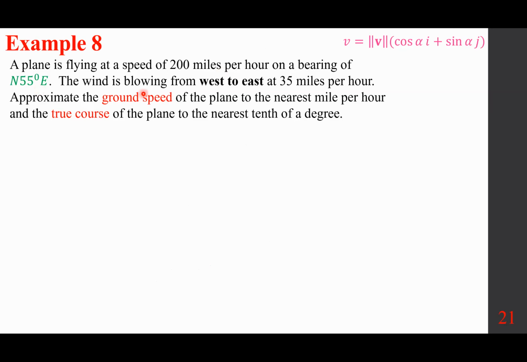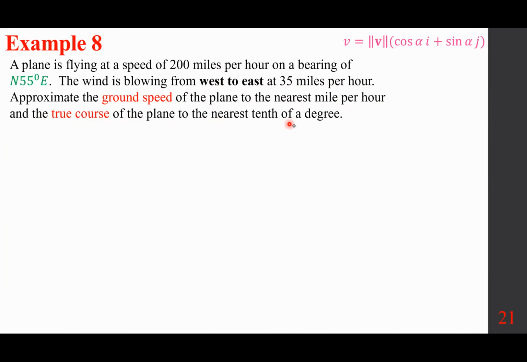The wind is blowing from west to east at 35 miles per hour. Approximate the ground speed of the plane to the nearest mile per hour and the true course of the plane to the nearest tenth of a degree.